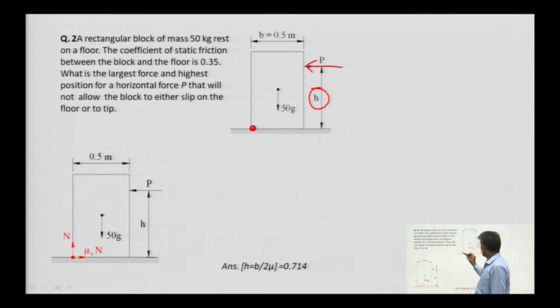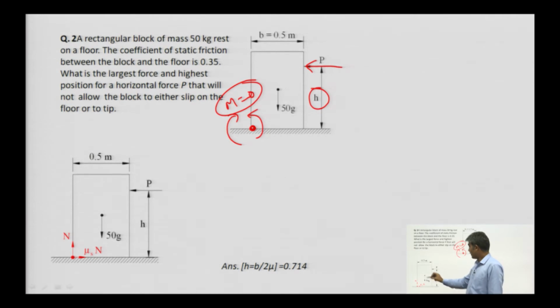So how can we calculate? We can calculate by equating the value of moment here as 0. If we equate the moment at this point to 0, then we can get the value of h, provided we consider all forces acting over here. What are the forces?